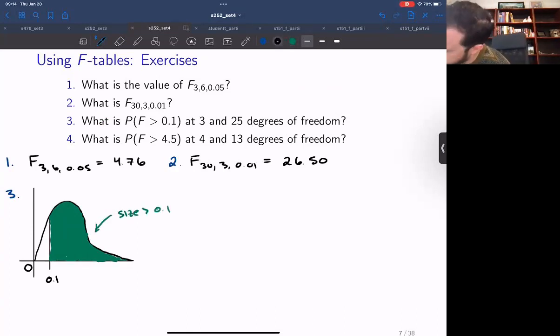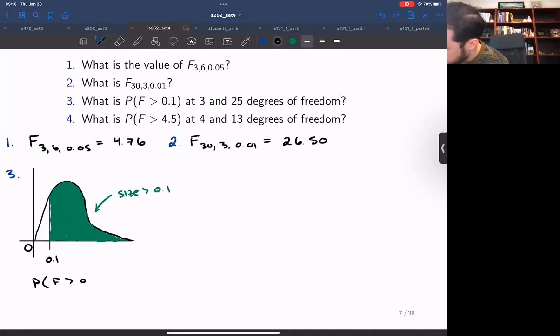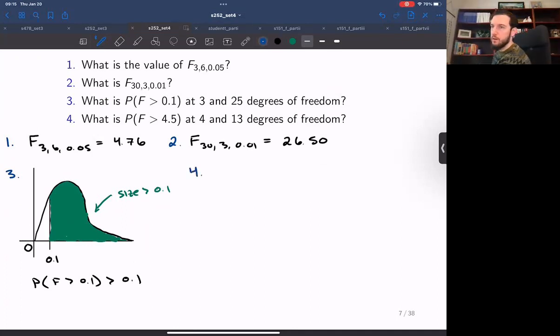So we would say the probability that F is greater than 0.1 is itself greater than 0.1. Not the best example, but those two 0.1s should not be confused with one another. That's just based off the table. But we'll look at another illustration to try and get a better idea of what's going on here.